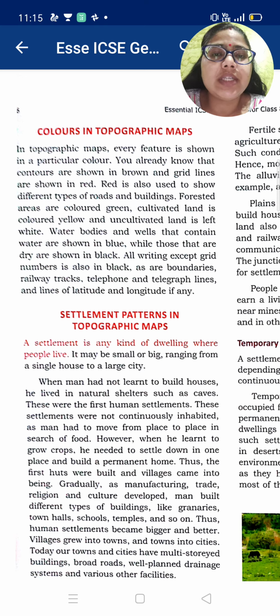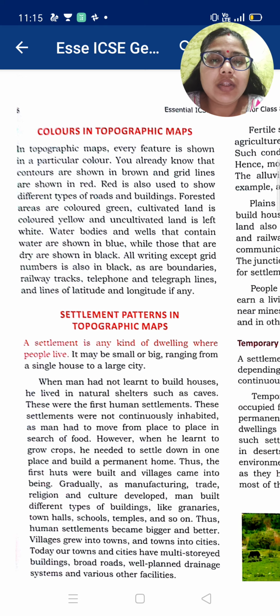Then cultivated land is shown in yellow color. Where the farmers are growing crops, that area is shown in yellow color. Then the uncultivated land is left behind with white color only.